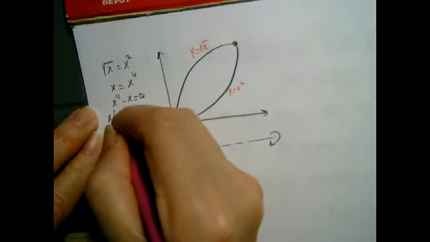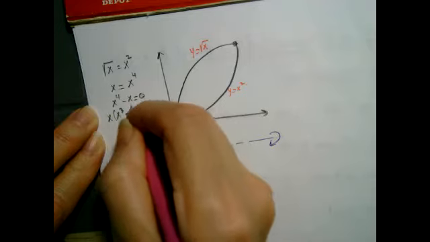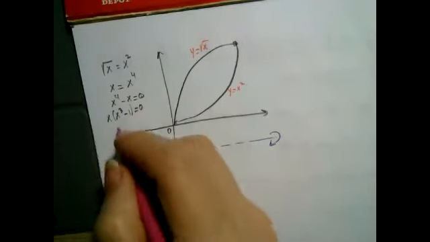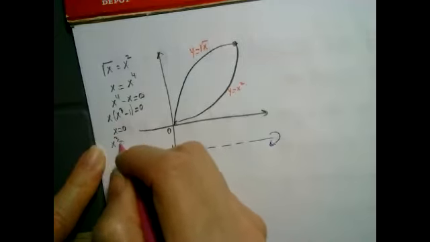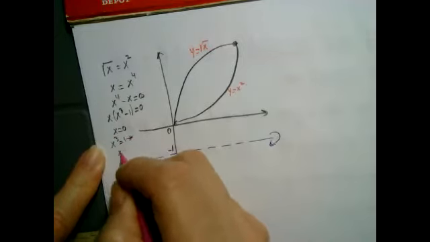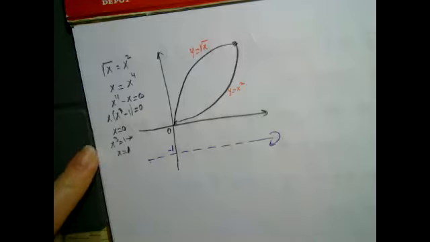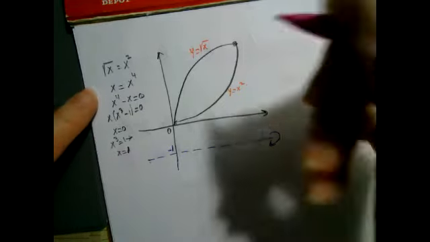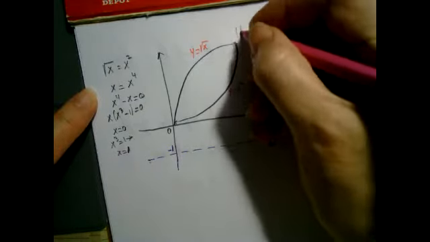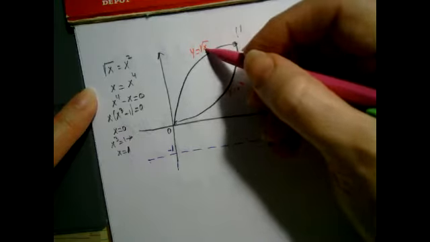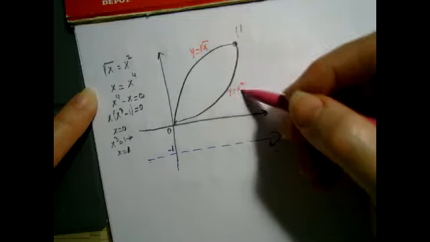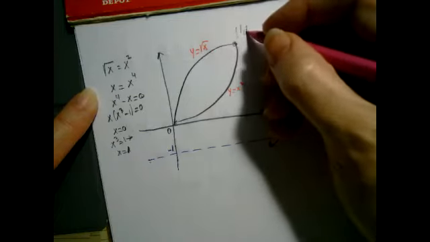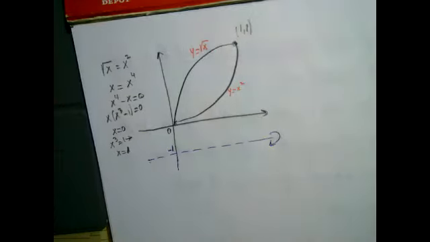We factor out and get x equals 0, or x cubed equals 1, which gives x equals 1. So these are my intersection points. This one is 1. If I plug in 1 in the upper curve, I get 1, and in the lower curve, I get 1. So this is definitely where they meet.